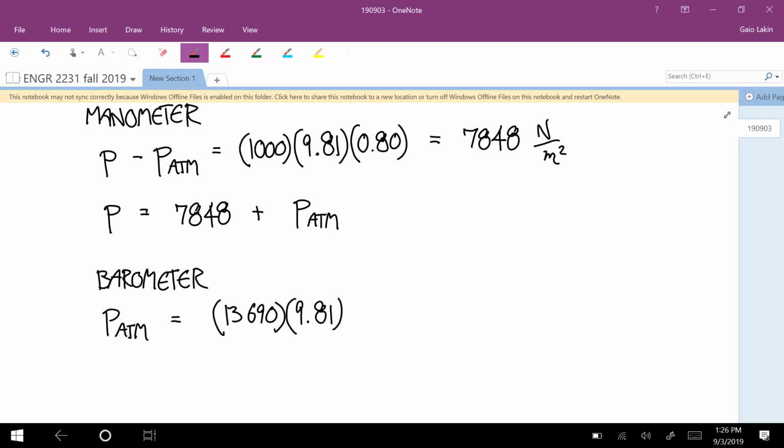And then the height for the barometer was 0.55, was it? And so in this case, the atmospheric pressure is 73,864 pascals.